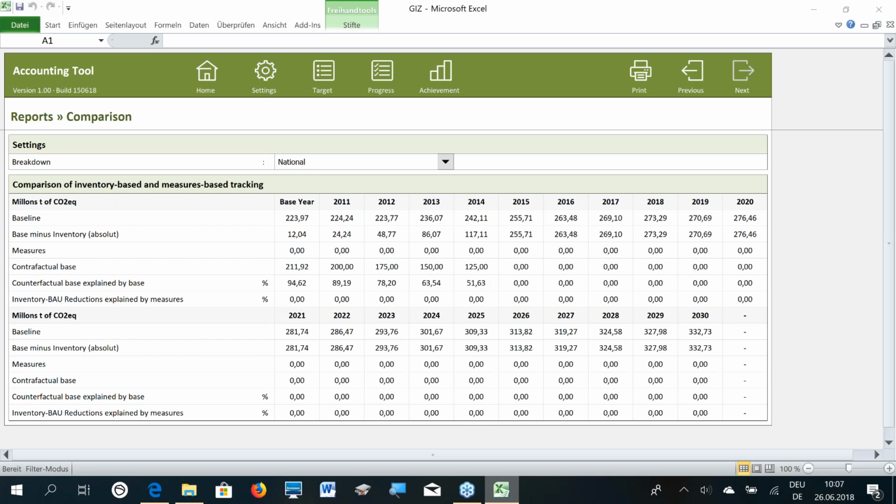So an activity implemented in one region, for example, might affect emissions outside the region in another federal state, remaining with this example. And also there might be a situation where you don't have municipal GHG inventories, or where you don't have baseline data on this municipal level or subnational level.